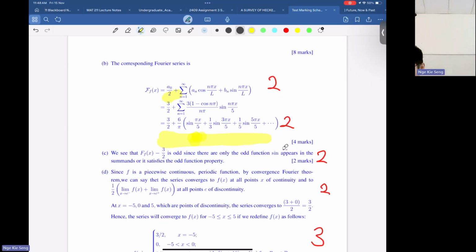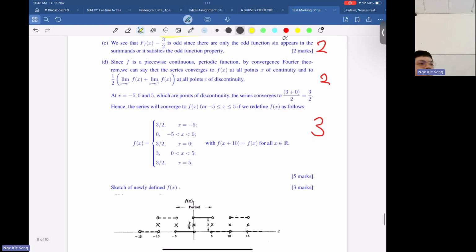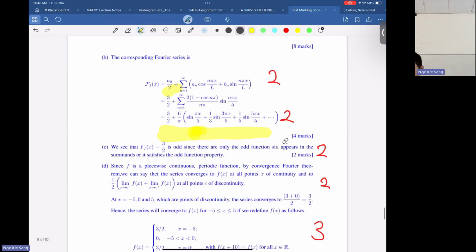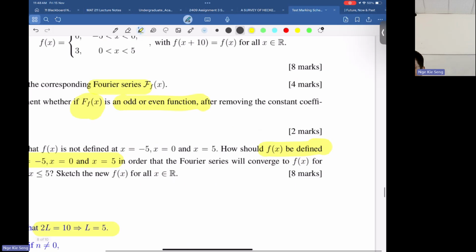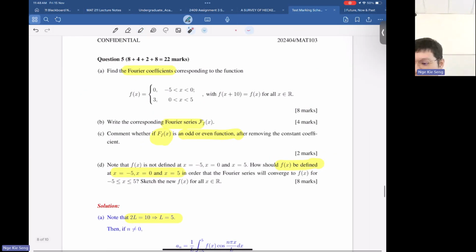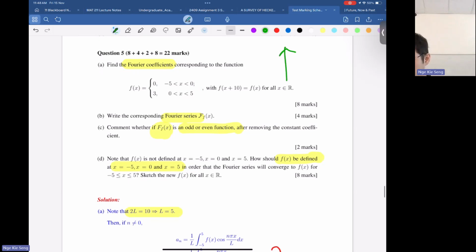Okay, D is the convergence theorem for Fourier series. What is D asking? If you observe this function, at 0, at 5 and at minus 5 we have no points. So how should you draw this? Let's quickly draw it.